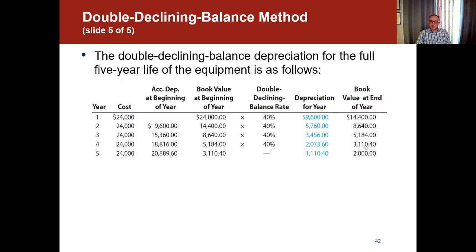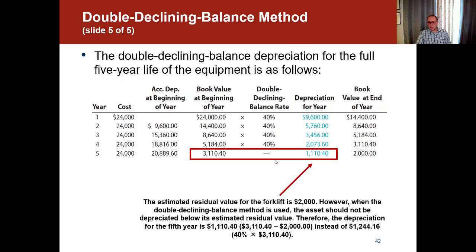For the very last year, we're not going to multiply by the double declining balance rate. So the last year is different, because if we multiply by 40%, the amount of depreciation would be different, and that would lead to a book value that's not equal to the residual value. We want the book value at year 5 to be equal to the residual value, which is 2,000. So what we do, we actually force it.